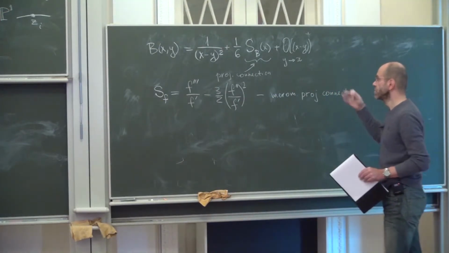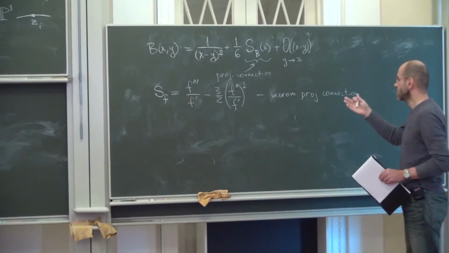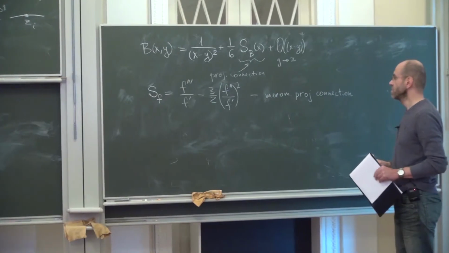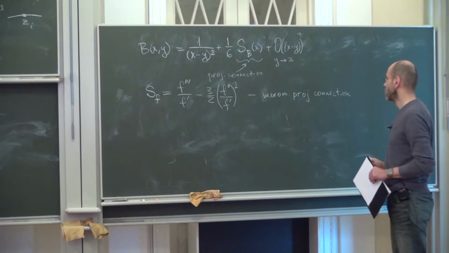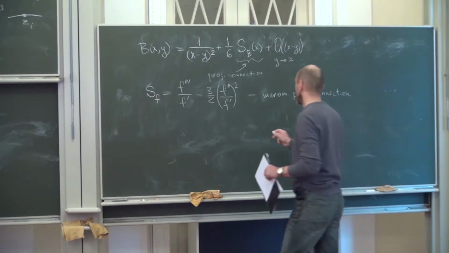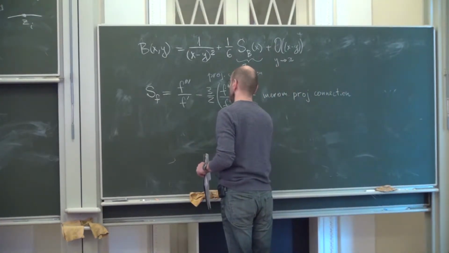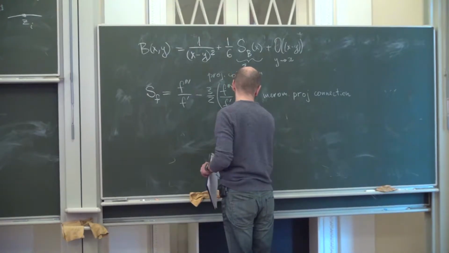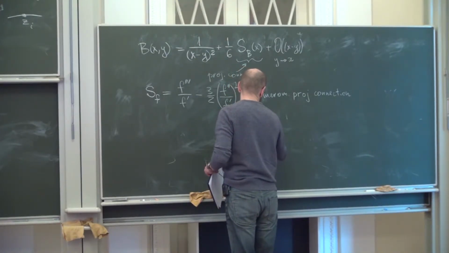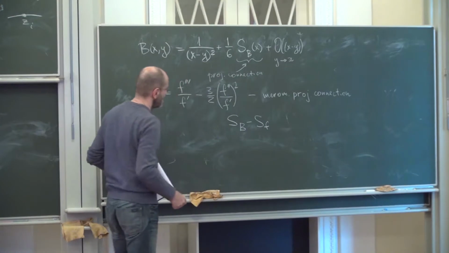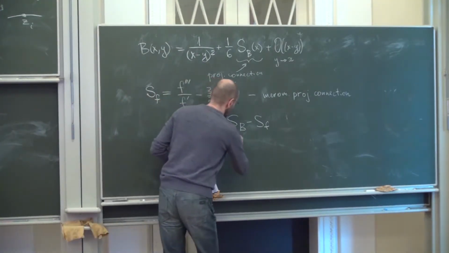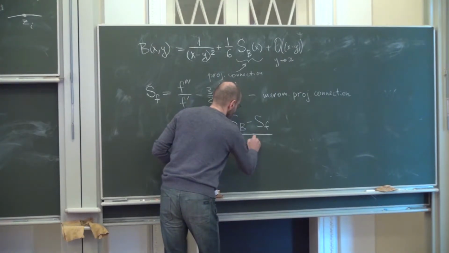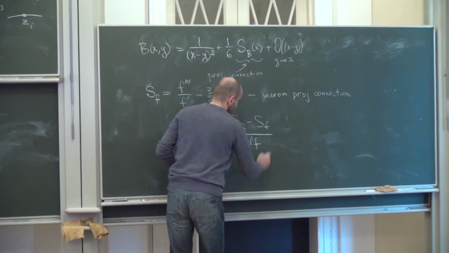So when we have two projective connections, we can take the difference between them, and then we get just a quadratic differential. So let's subtract SF from SB. As I said, this is a meromorphic quadratic differential. Let's divide it by df.